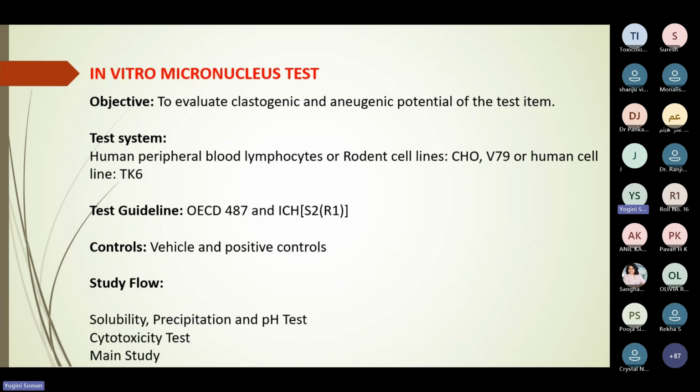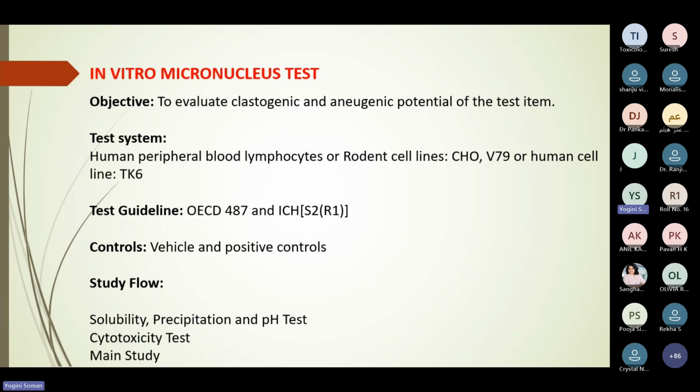After the precipitation test, it is necessary to conduct the pH test. The pH of the test solution should be compared with that of the vehicle control. If the pH of the test solution is acidic or basic, you should adjust the pH with the help of buffering solutions.